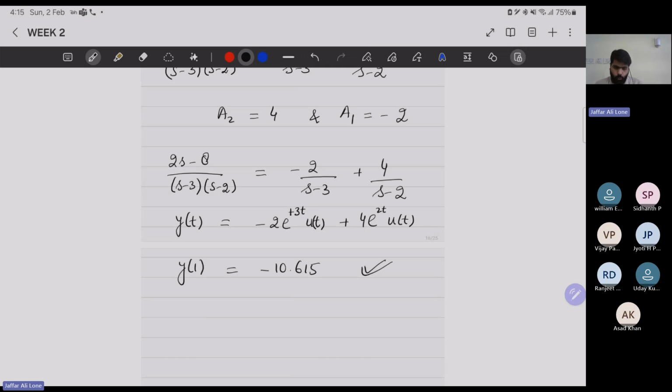From the properties, we wrote the Laplace of the second derivative and the first derivative. Then we solved it and found the inverse Laplace. For inverse Laplace, we took the partial fractions. Finally, we put t equal to 1 and got the value. Right? So should we move forward?